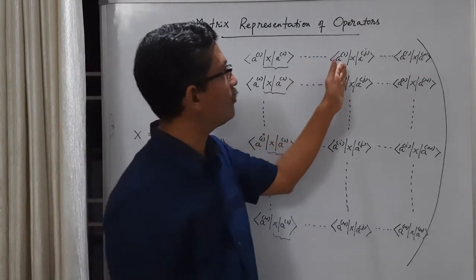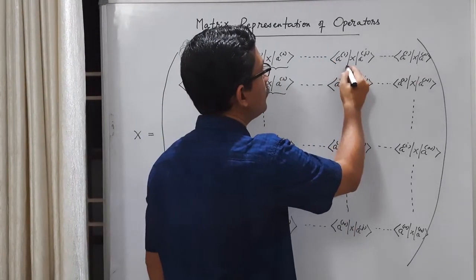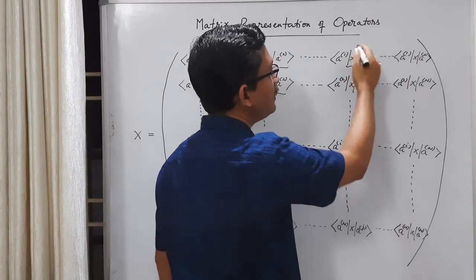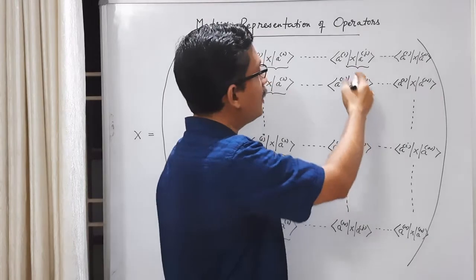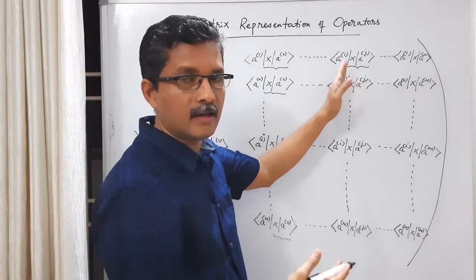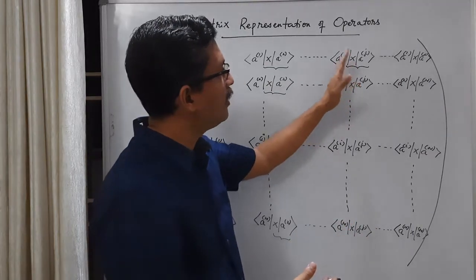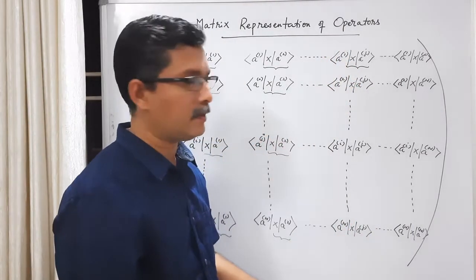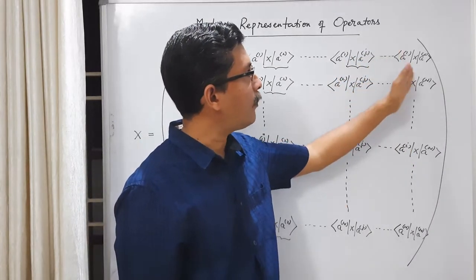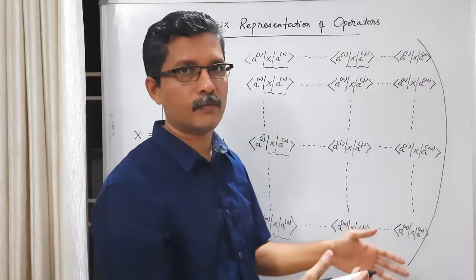This is the jth column. The jth column represents the components of the action of operator x on the jth base vector aj, and we get the n components of the modified base vector. And the last column represents the action of the operator on the nth base vector, and we get the different n components of the modified base vector.